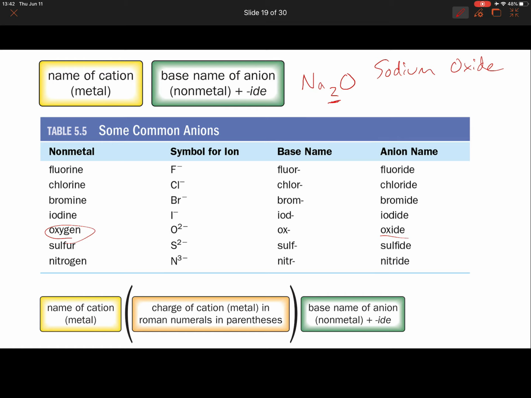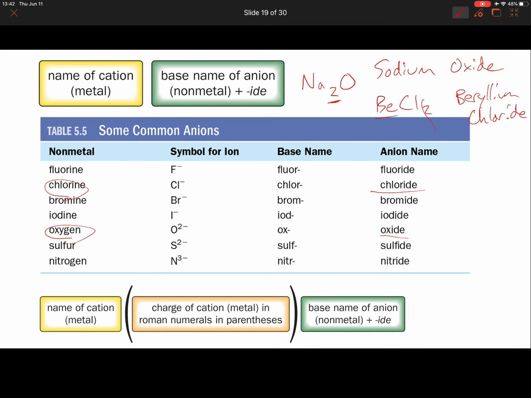This is true also if we had something like BeCl2. This is just the name of the metal, beryllium, and then chlorine, chloride. We don't say chlorides with an S, or two chlorides or dichloride, nothing like that.